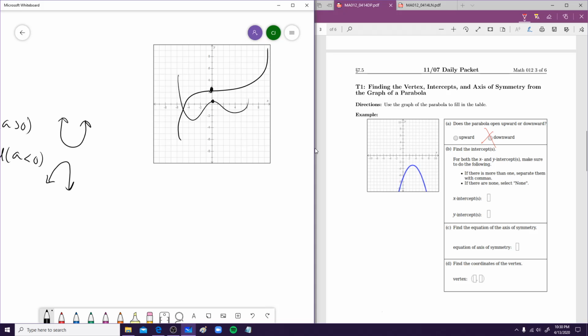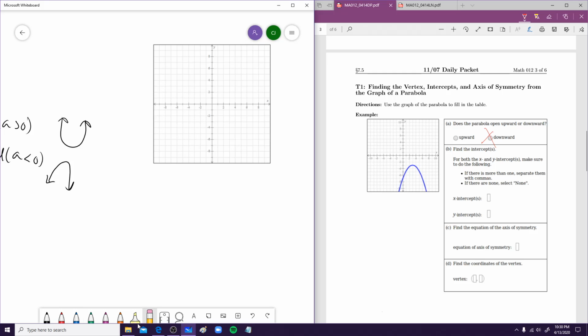So let's look at our example now. We're going to look at the x-intercepts. Along this graph, when you're given a graph and need to find the x-intercept, what I normally do is go along the x-axis, like I put my mouse or my finger, whichever, and I see, do I ever cross the graph? Let me show you what I mean.